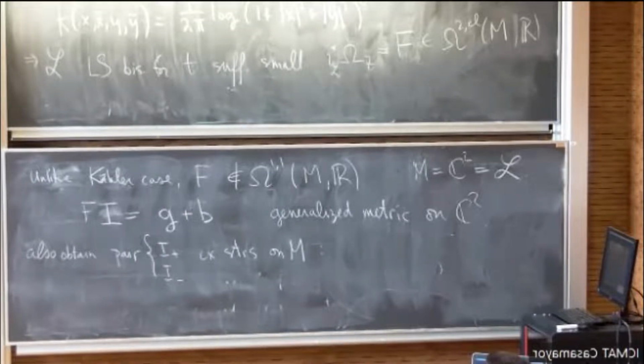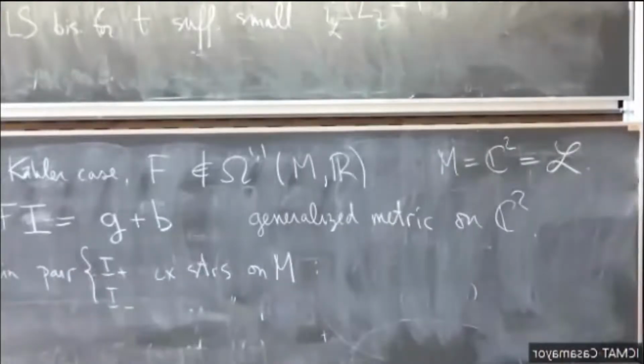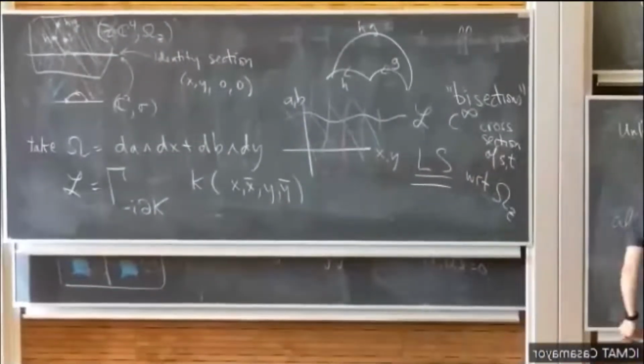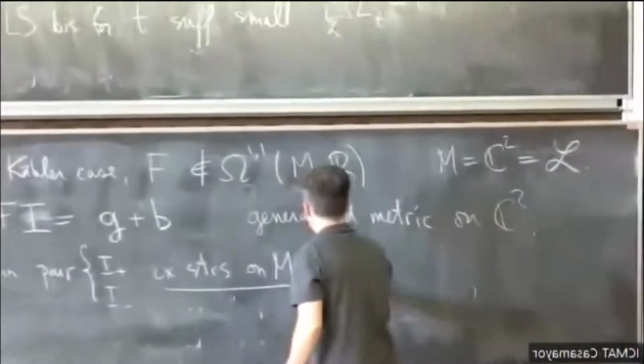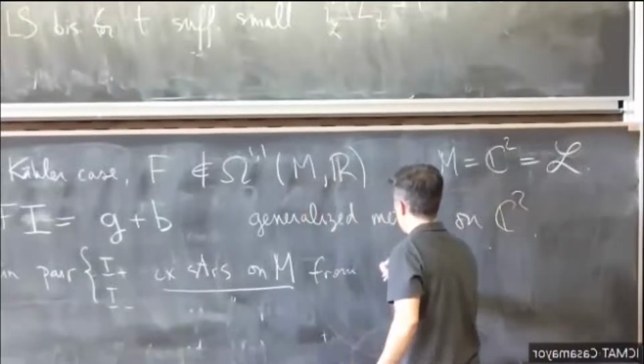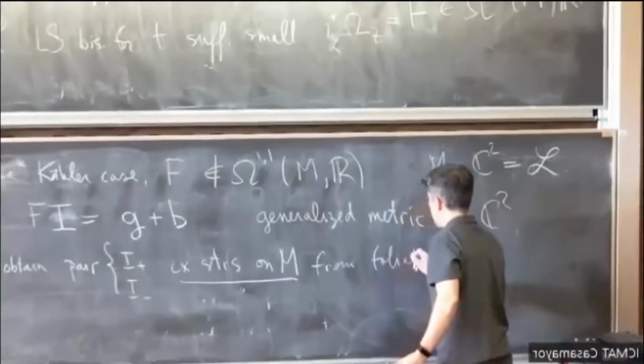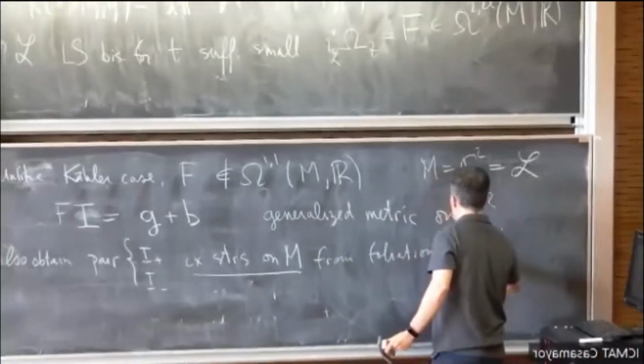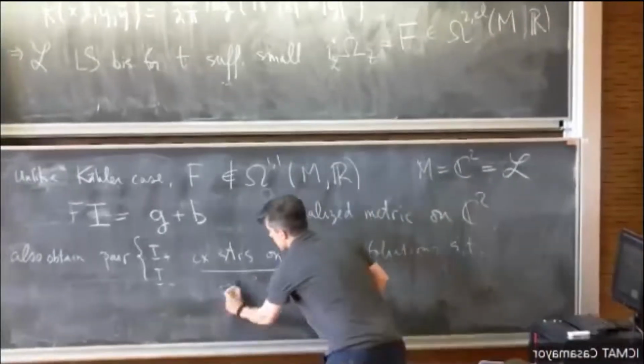It's not holomorphic, so it doesn't inherit a complex structure as a submanifold. It inherits a complex structure because it's transverse to these holomorphic foliations. There are two such foliations, S and T, and so there will be two complex structures induced on L. I call them I₊ and I₋.